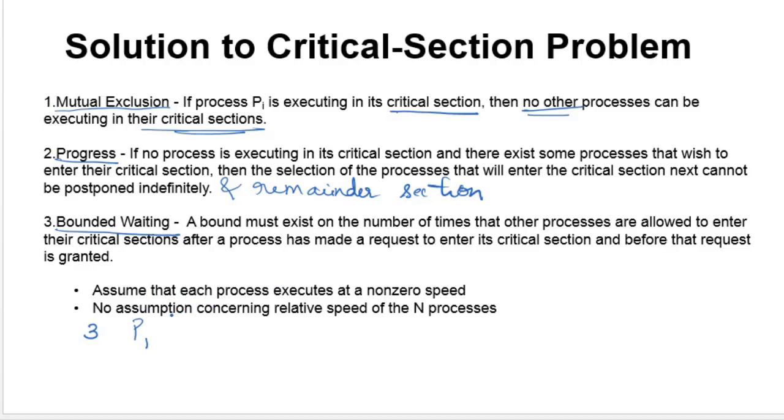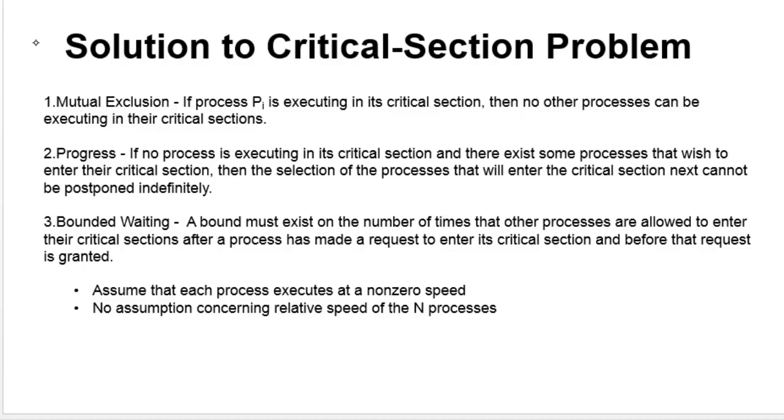Before the OS serves this request, it can allow a maximum of 3 other processes to enter their critical section. Once it has granted 3 other processes, not P1, P1's request has to be served. This requirement we call bounded waiting.